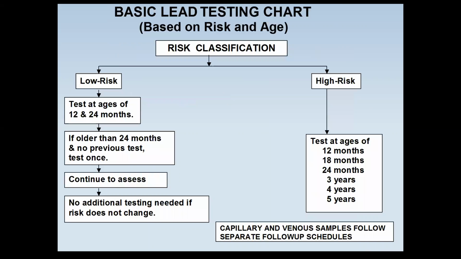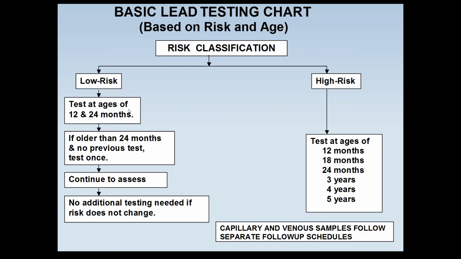This is the basic lab testing chart that physicians and nurses have available with them, because it gives the information about when to test. We see here the low risk testing chart and the high risk testing chart.